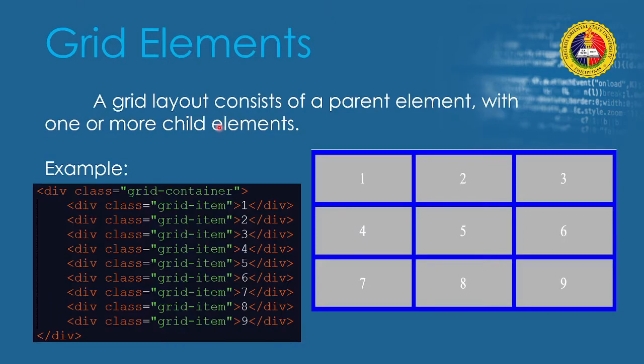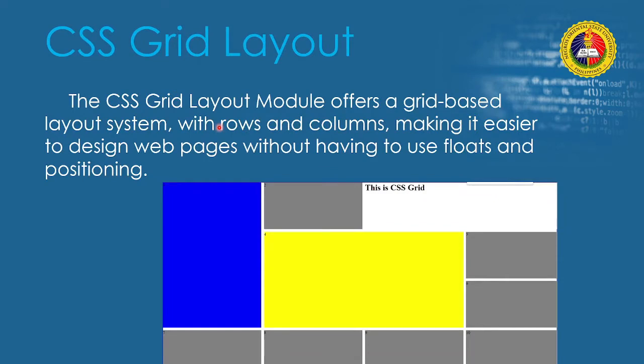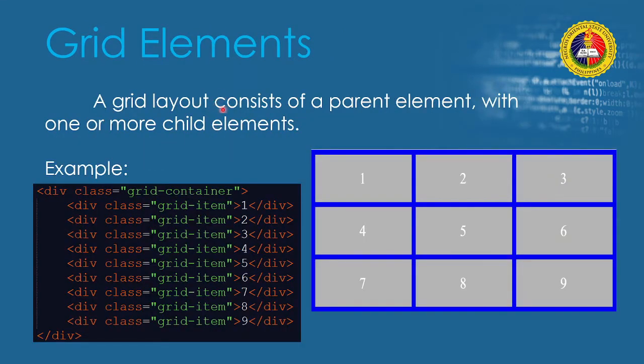So if we talk about grid layout, everything that will be inside the layout are called grid elements. A grid layout consists of a parent element with one or more child elements. So here, this is a code. This is the very first thing that we are going to do once we create a grid layout. So first is we're going to create a division that will be considered as the container.